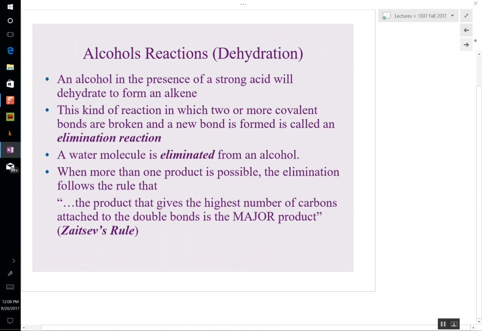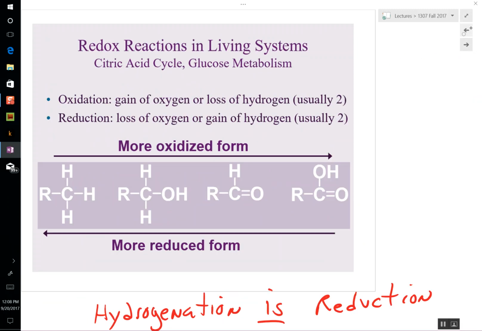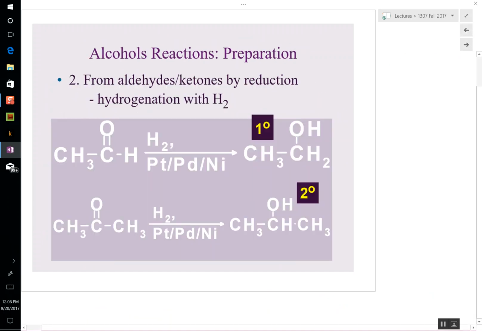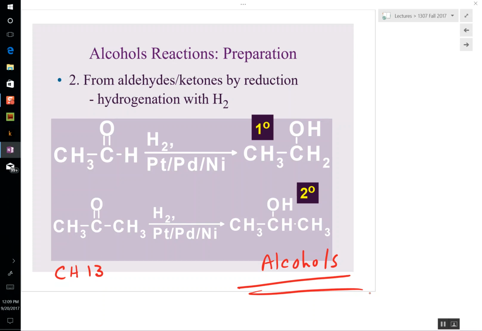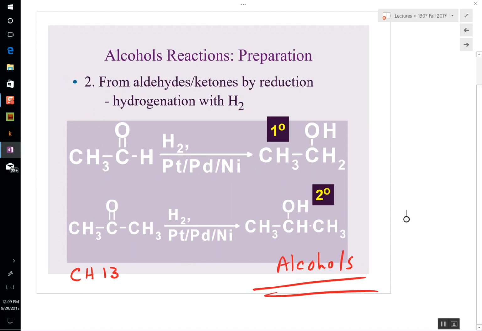Where I gotta find my slide. There we go. Hydrogenation of a carbonyl, a carbon-oxygen double bond. Now this is chapter 13, but we're mentioning it here because the products are alcohols. Okay? When you hydrogenate an aldehyde, you get an alcohol. This is your aldehyde, and what do you get?